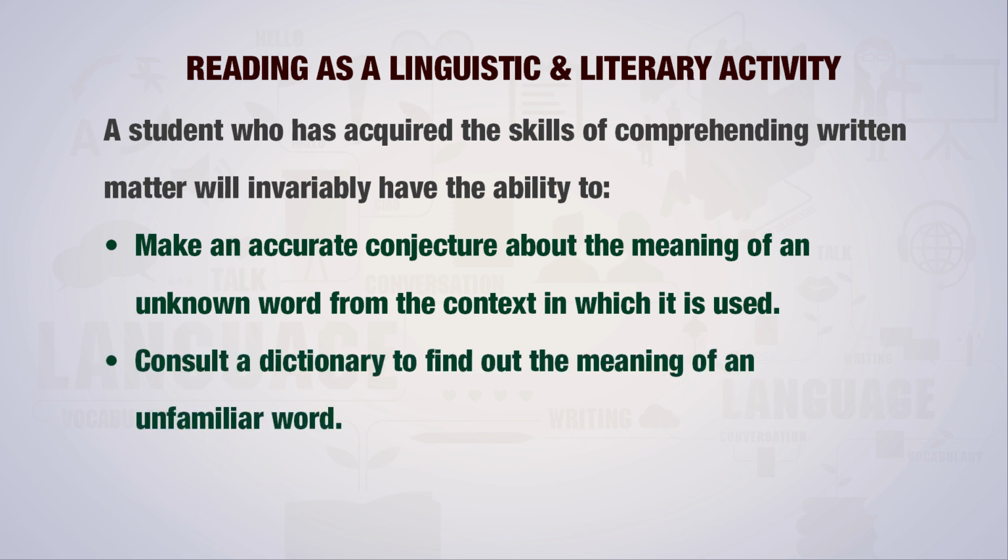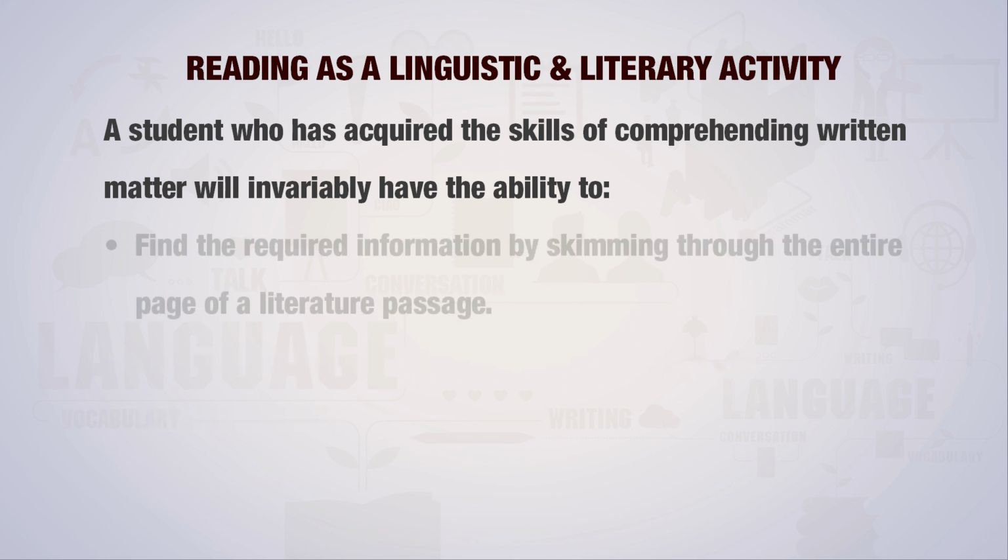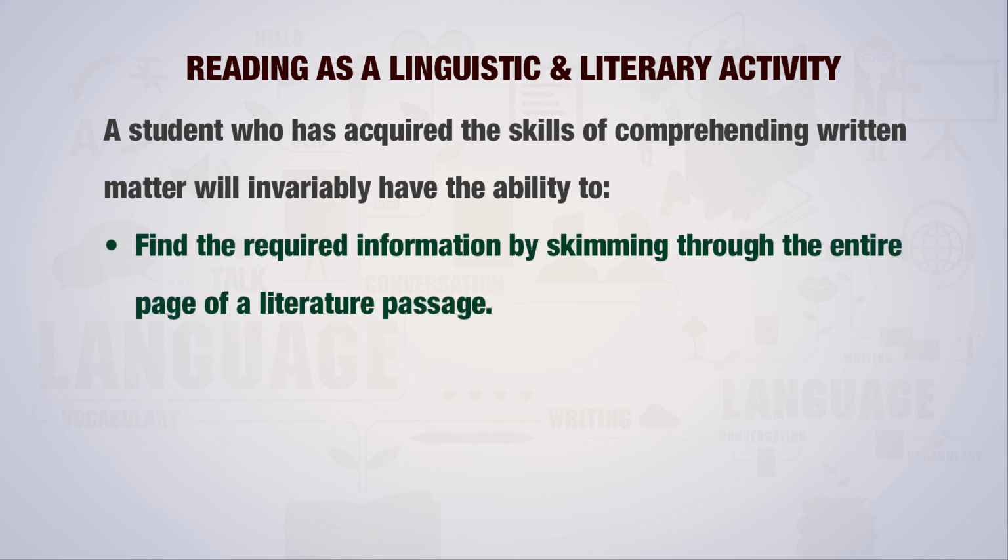He will be able to independently consult a dictionary to find out the meaning of an unfamiliar word if the contextual conjecture is incorrect. He will be able to find the required information by skimming through the entire page of the passage. He will also be able to read silently without moving the lips, with a balanced eye movement while reading, and he will be able to retain at the same rate.